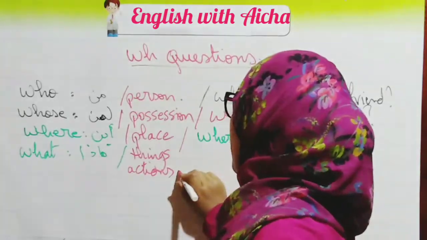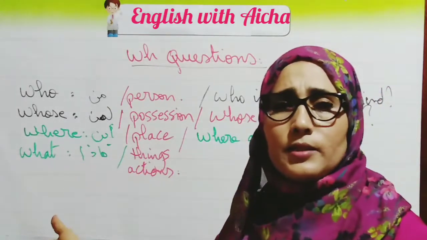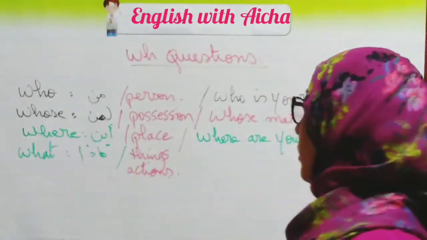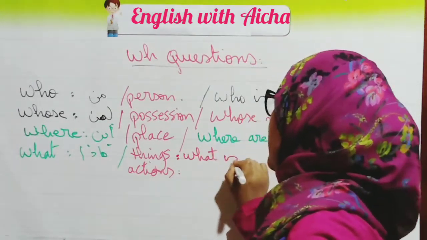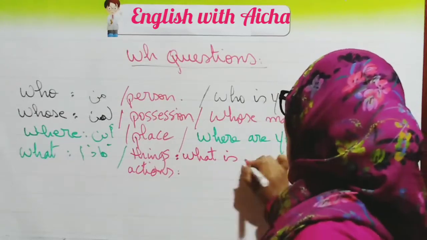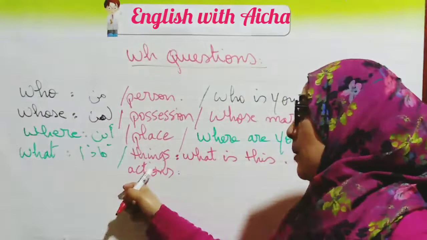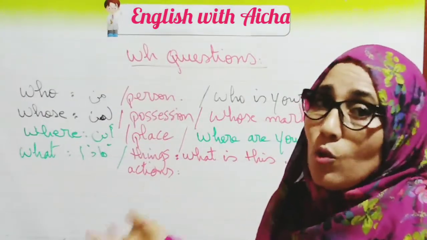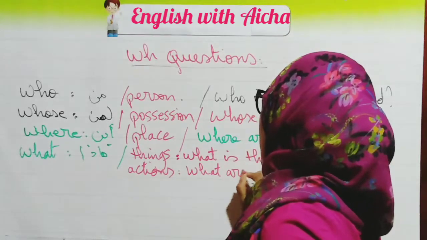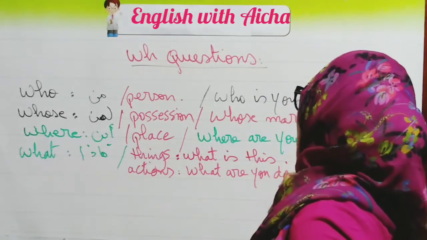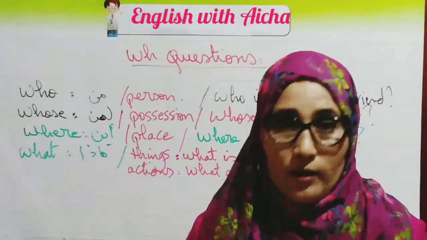When I say, for example, what is this? It's my book, for example. So here for things, we say, for example, what is this? Okay? But if you want to ask about actions, you can also use what. For example, what are you doing?